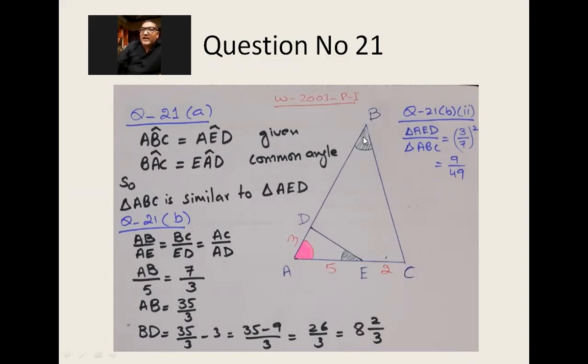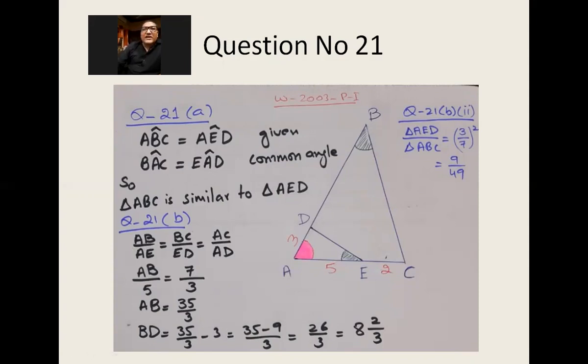In the big triangle, green and white, that's BC. And in the small triangle, green and white, that's ED. Then in the big triangle, pink and white, that's AC. And in the small triangle, pink and white, that's AD. So this is how I have written these ratios.